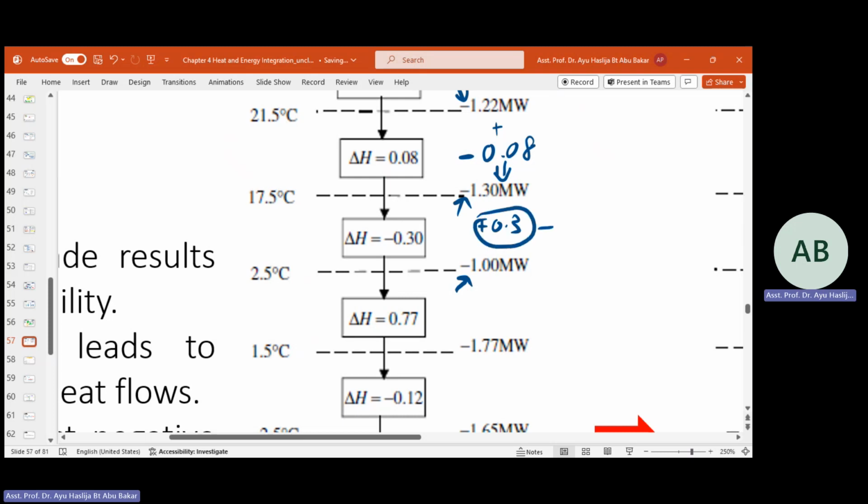Plus here means you gain. The delta H here is the one you calculated earlier. Negative sign means you gain the heat. So here you gain 0.3.